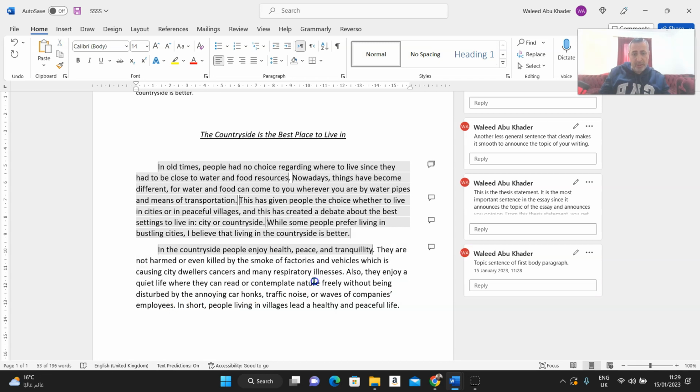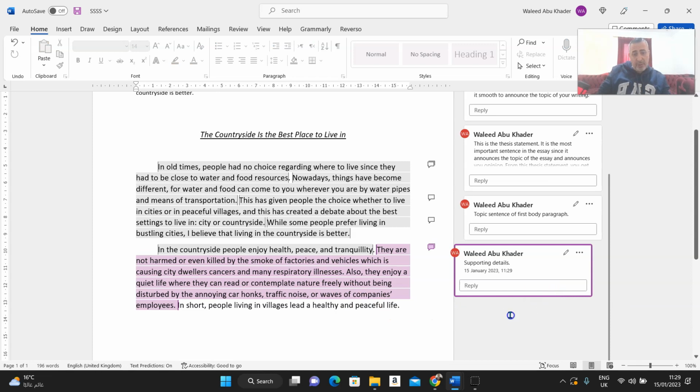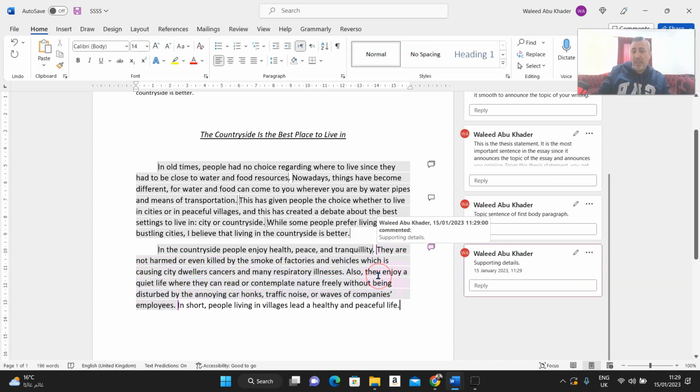Okay, now the supporting details explain, define, give examples about the topic sentence. See, in the countryside, people enjoy health, peace, and tranquility. They are not harmed or even killed by the smoke of factories and vehicles. Look, the siren of the ambulance. This is a very good example of how disturbing living in the city is.